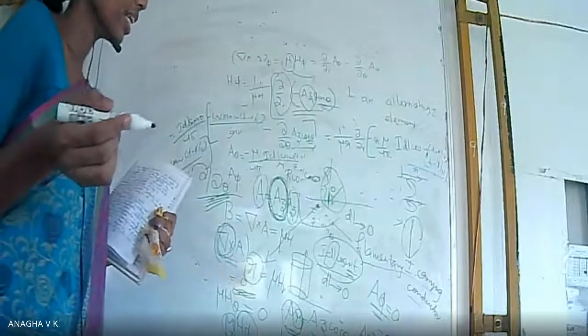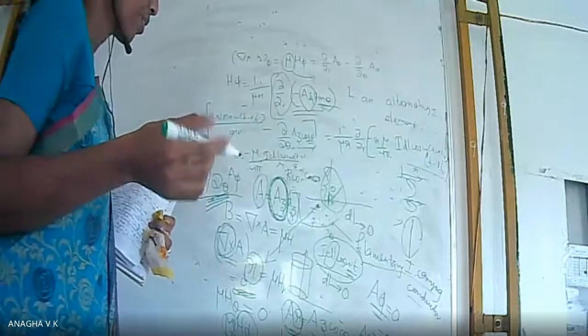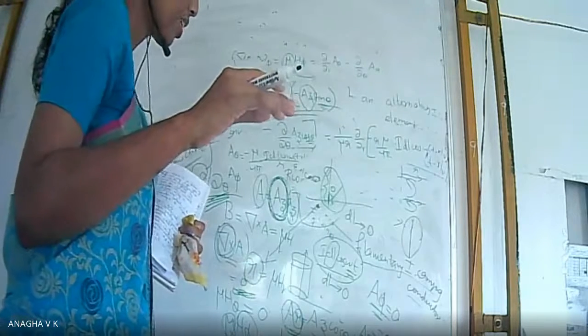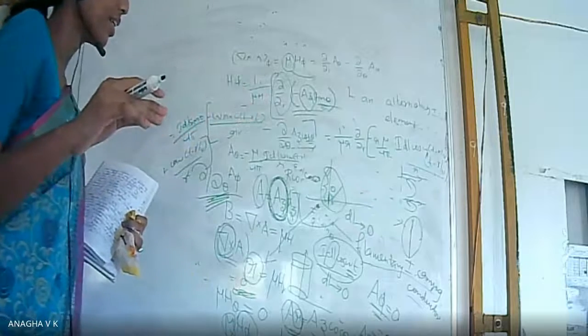A_R, A_theta, and A_phi we got in the R direction, in the theta direction, and in the phi direction, in terms of theta and z directions.